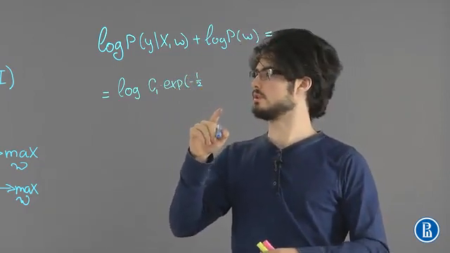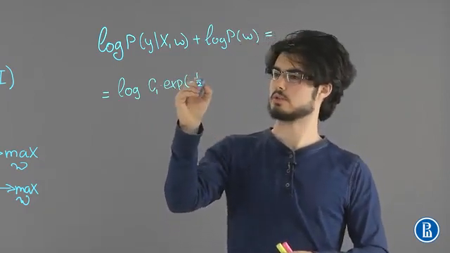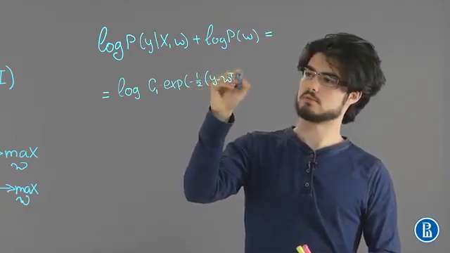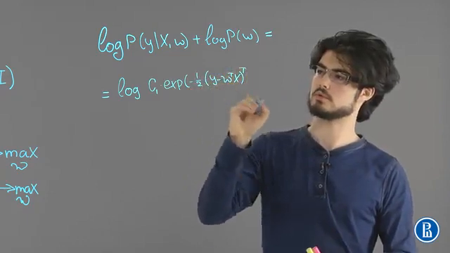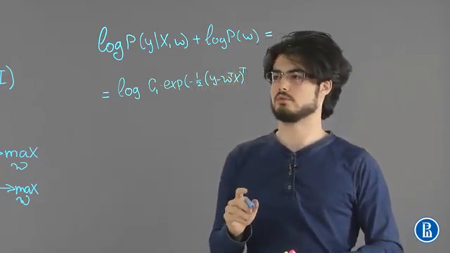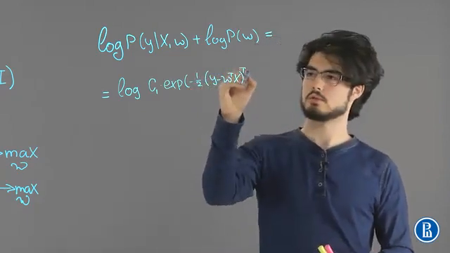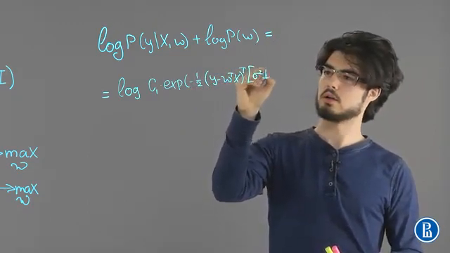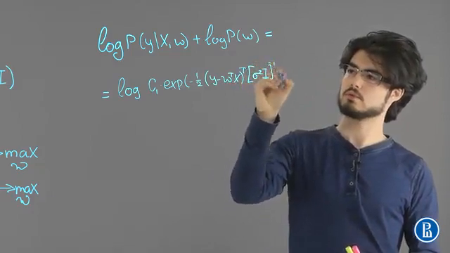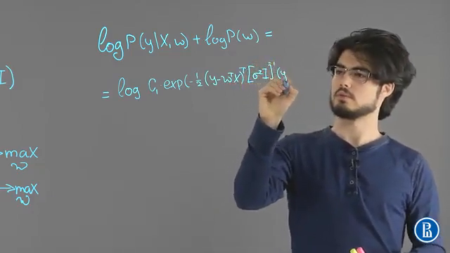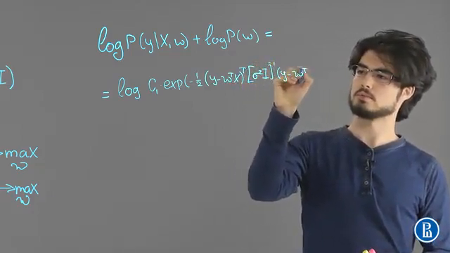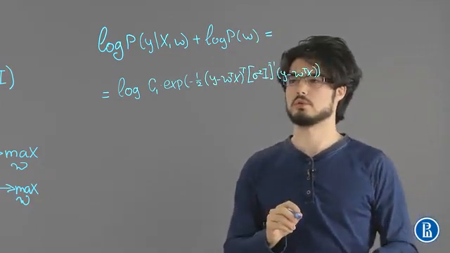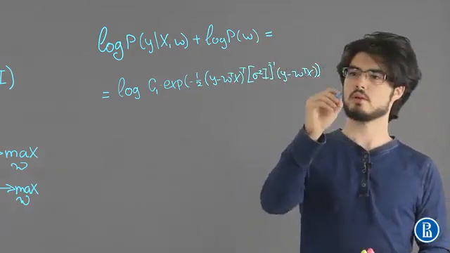So the mean is w transpose x, so this would be (y minus w transpose x) transposed times the inverse of the covariance matrix, so it would be (sigma squared I) inverse, and finally (y minus w transpose x), and we have to close all the brackets, right?